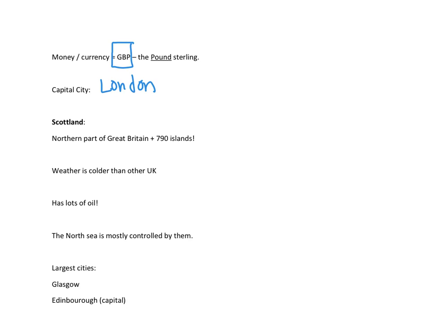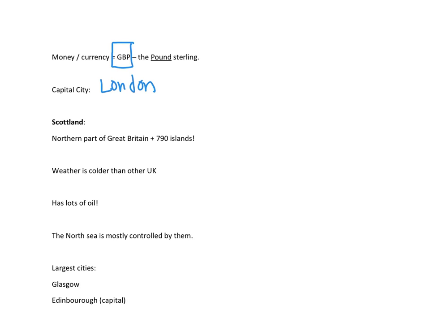Sometimes called the financial capital of Europe, or along with New York City, one of the financial capitals of the world. If you've never been to London, it's fantastic to visit and see some of the culture, the architecture, and the changing of the guard and all that.